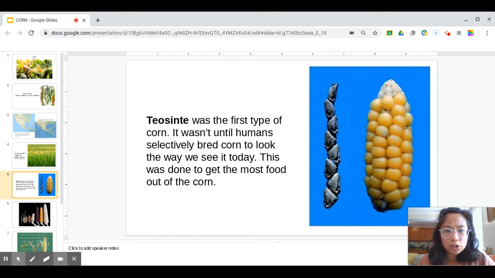But eventually humans were able to breed corn to be more what it looks like today. And they did this by, similar to what Leah told us about, where as they started to domesticate corn and grow corn, they would pick out the plants with the biggest heads of corn, and they would save those corn kernels to replant for the next season. So over time, they were able to grow much bigger corn.